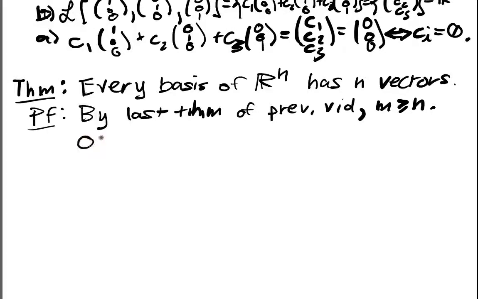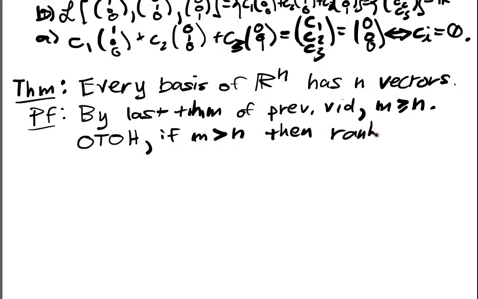On the other hand, if m is strictly greater than n, then the rank of that A matrix, where I'll just write all the columns of this matrix, is going to be strictly less than the number of columns m.